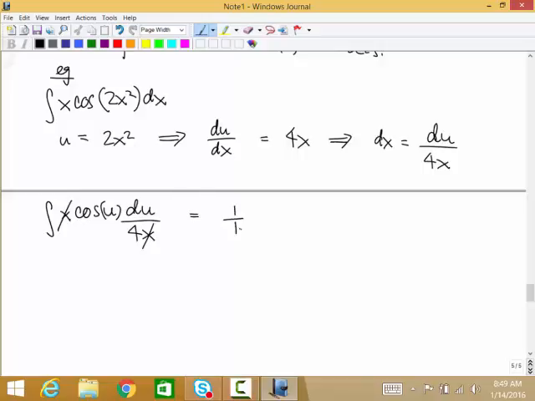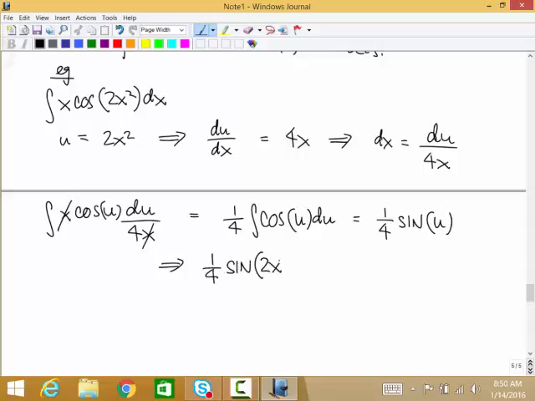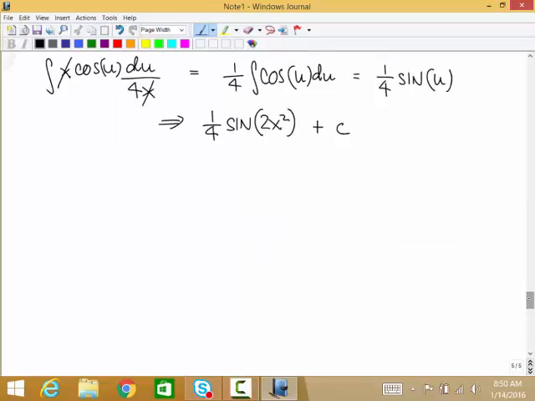So 1/4 times the integral of cosine u du. This is 1/4 sine of u. And then just substitute back in. So you get 1/4 sine of 2x squared plus c. Any questions about that one?